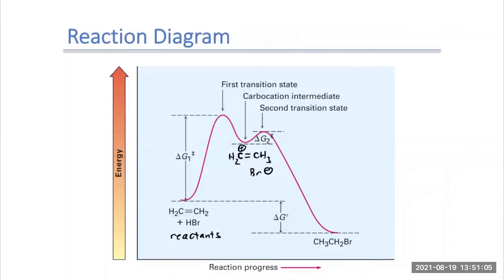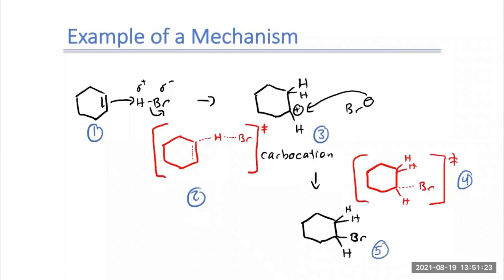On our reaction diagram, here we have 1, 2, 3, 4, 5. So each one of these transition states is represented by my drawing in red inside the brackets with a double dagger.